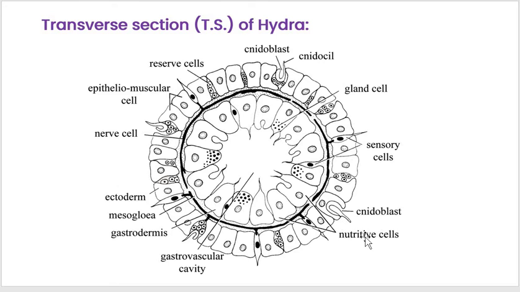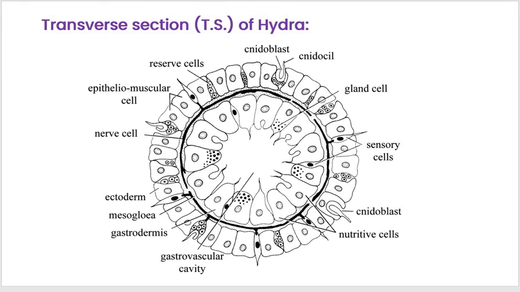Again here you can see nutritive cells are there. Then here you can see nerve cells are there. As we know, sensory cells have the function of sensation, and nerve cells provide nerves. Nutritive cells provide nourishment to the body of hydra.